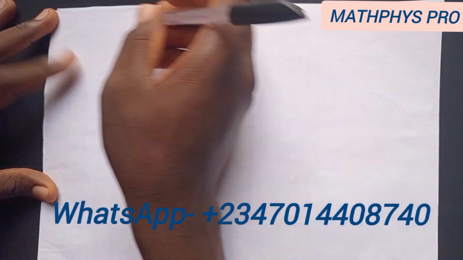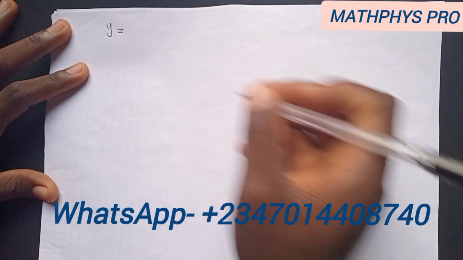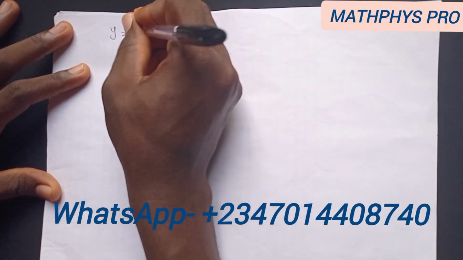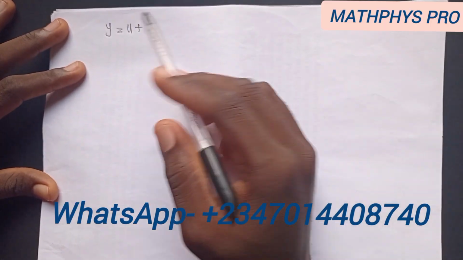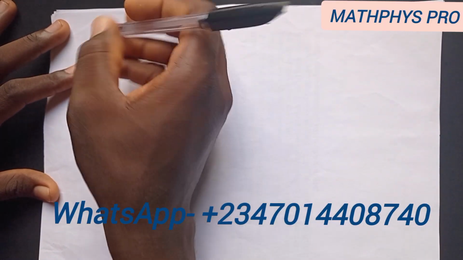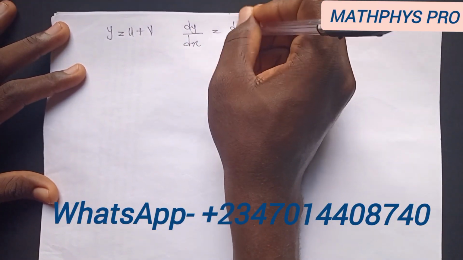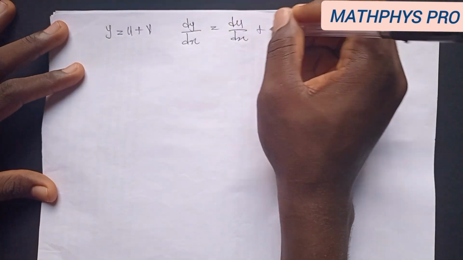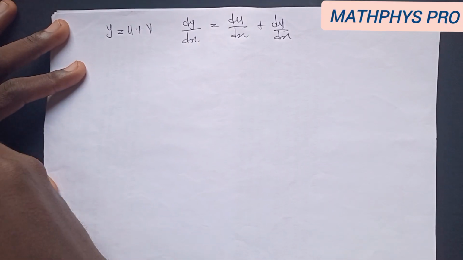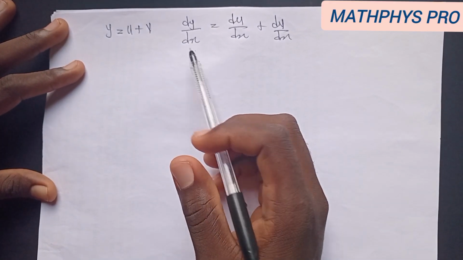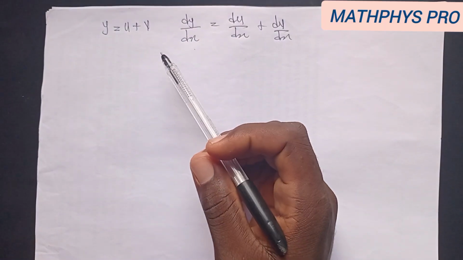Remember that the sum rule states that if y is equal to u plus v, where u and v are functions of x, then dy/dx will be equal to du/dx plus dv/dx. Hence, the derivative of a sum is the sum of the derivatives.